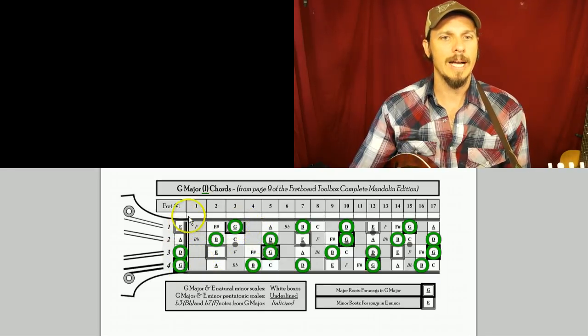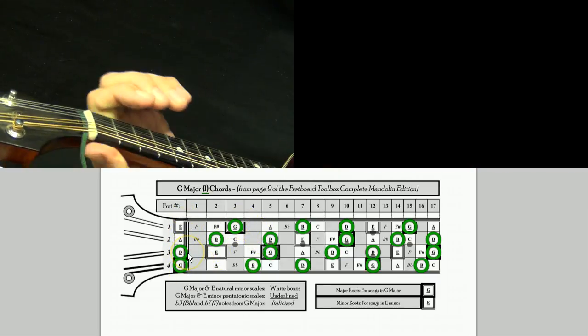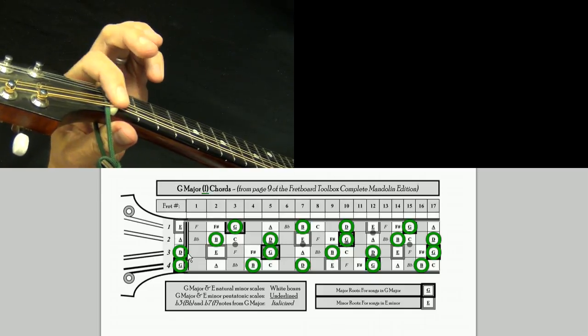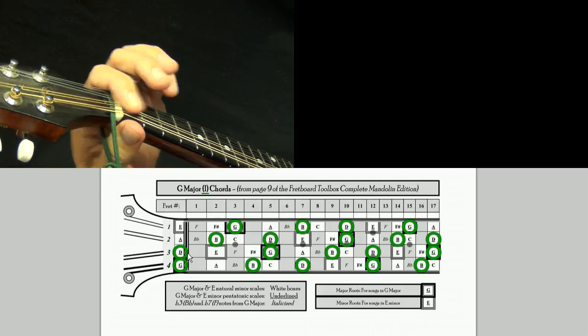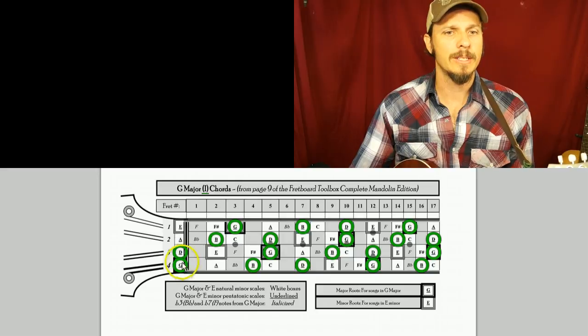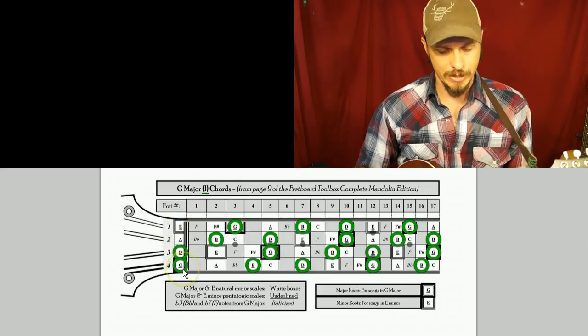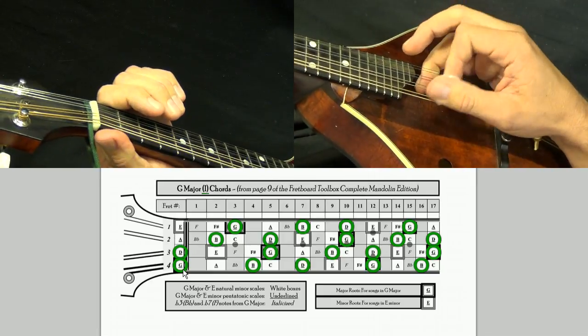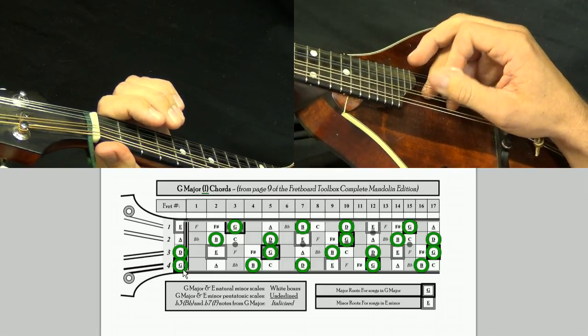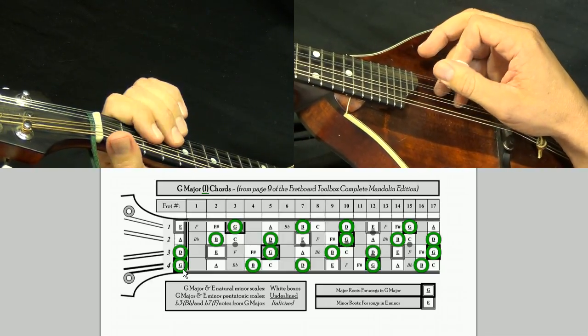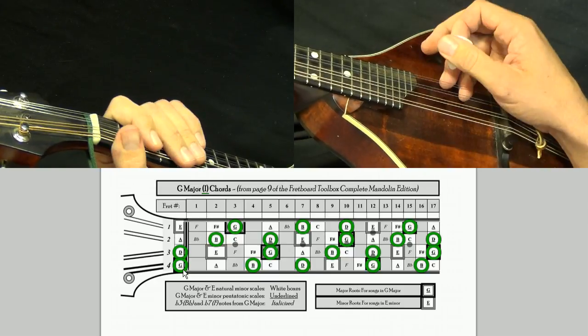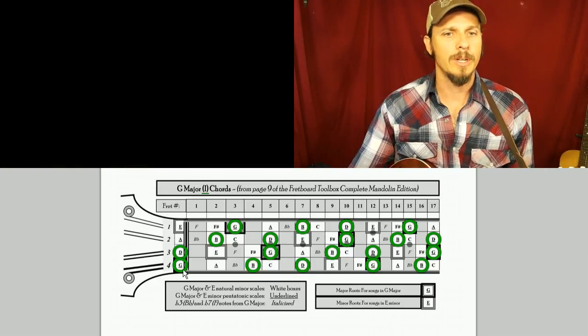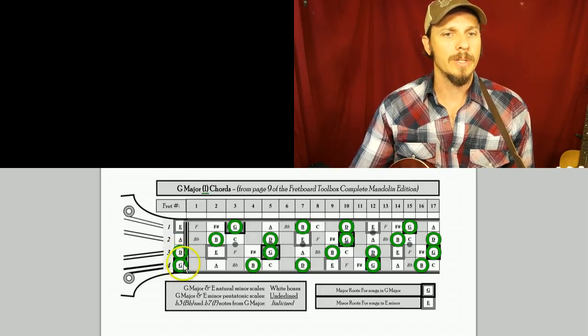So G majors are built from the notes G, B, and D. You need to know this black bar is called the nut, and here it is on your mandolin right up here. It's the thing the strings rest on. And in my books, anything to the left side of the nut is where the strings are open. So these strings open on a mandolin are G, there's 2 Gs, 2 Ds, 2 As, and 2 Es. But to make a G major chord, we just want to use the notes G, B, and D. So we can leave these 4 strings open because they're already Gs, Bs, or Ds.